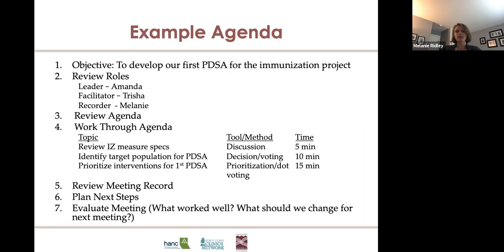And this is an example of that 7-step meeting agenda filled out. Clearly defining the roles of different team members who are going to take us through leading the team itself, who's facilitating the meeting, who's recording the notes.